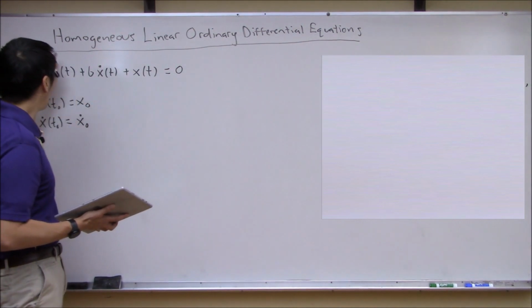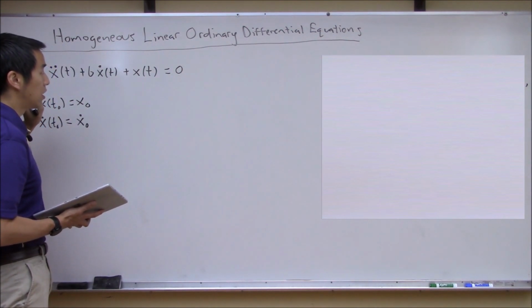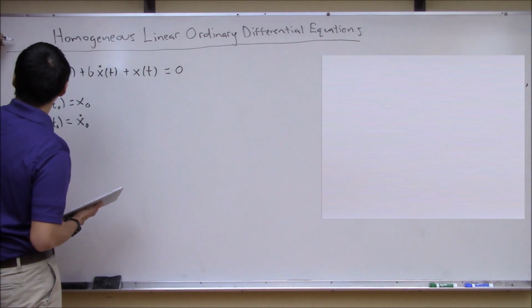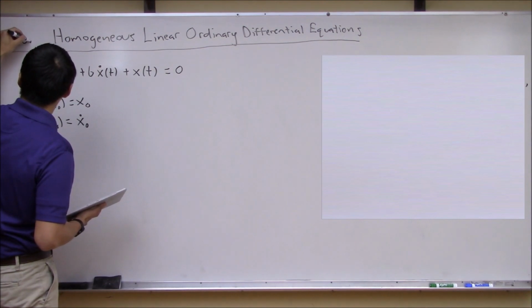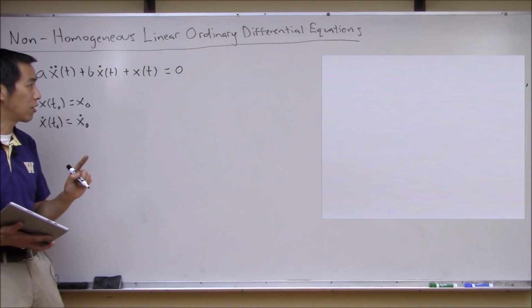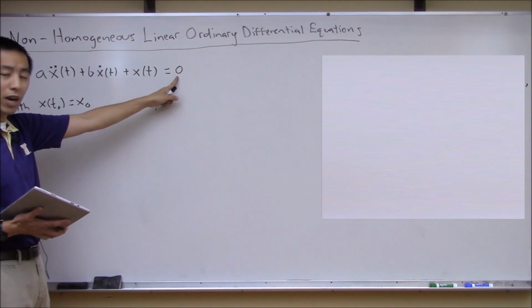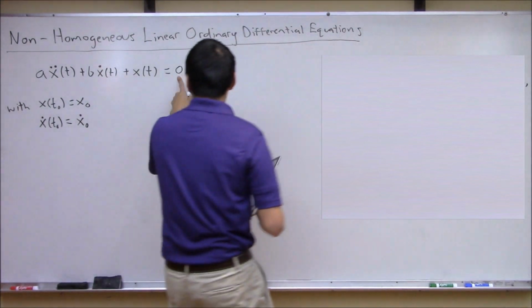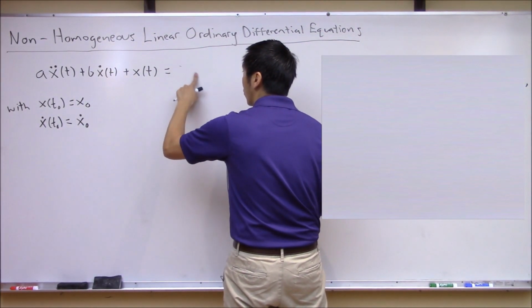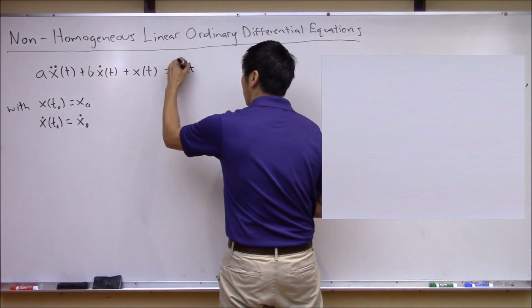Now I want to tack on a prefix to this. Instead of looking at homogeneous linear ordinary differential equations, I want to put on a non prefix. So we're going to look at non-homogeneous linear ordinary differential equations, and all that means now is, instead of the right hand side being 0, let's consider that now there's some kind of external input to this system, something like a g of t.